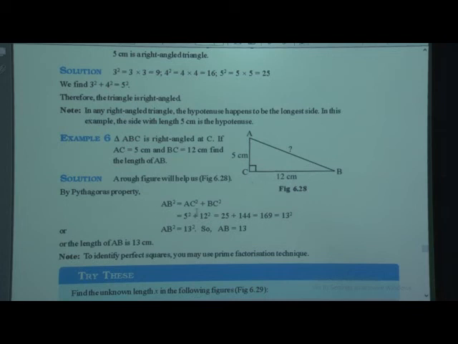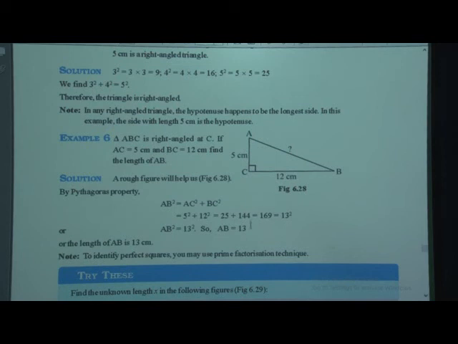So what is AC? 5 is given in the question. It is a square, so we write 5 square plus 12 square is equal to, you know what is the square of 5? It is 25. What will be the square of 12? It is nothing but 12 multiplied by 12. So it will be 144. Do the sum of this. It is 169.